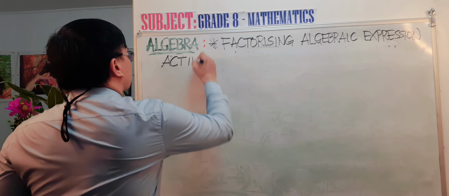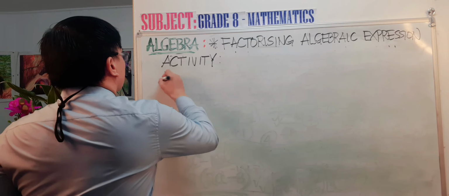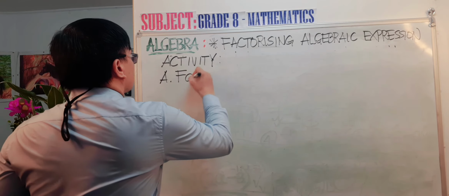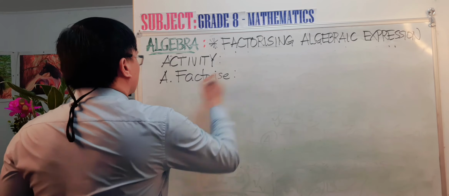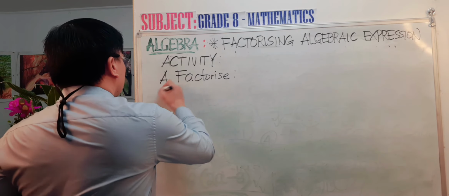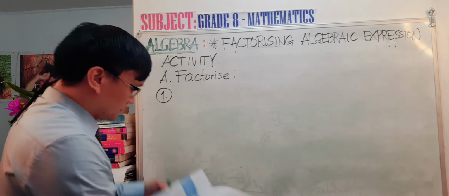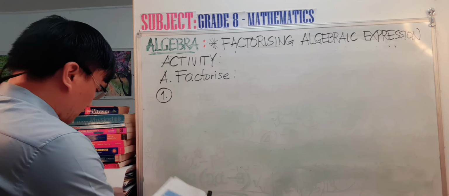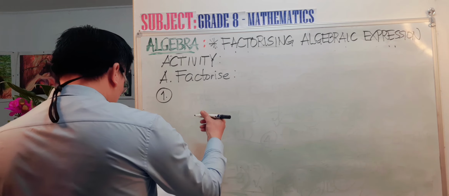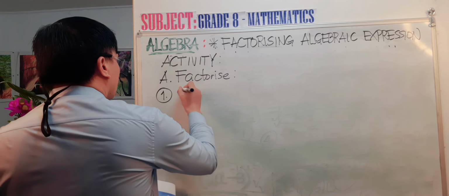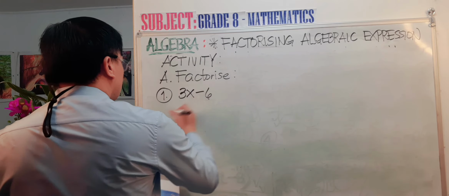So this is our activity, and the activity question is you're going to factorize. Okay, so when you say factorize, you have to factorize it completely. I'll give you this first question: 3x minus 6.